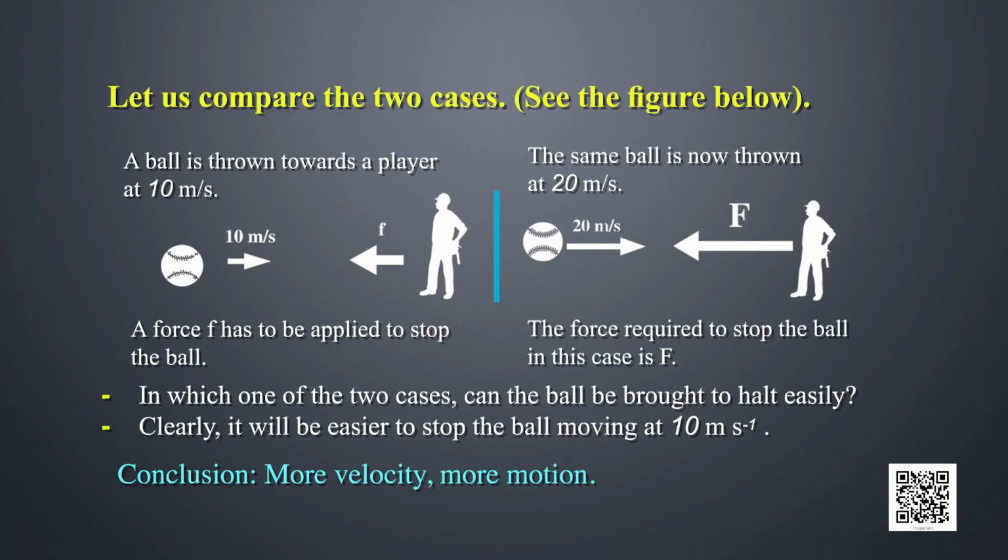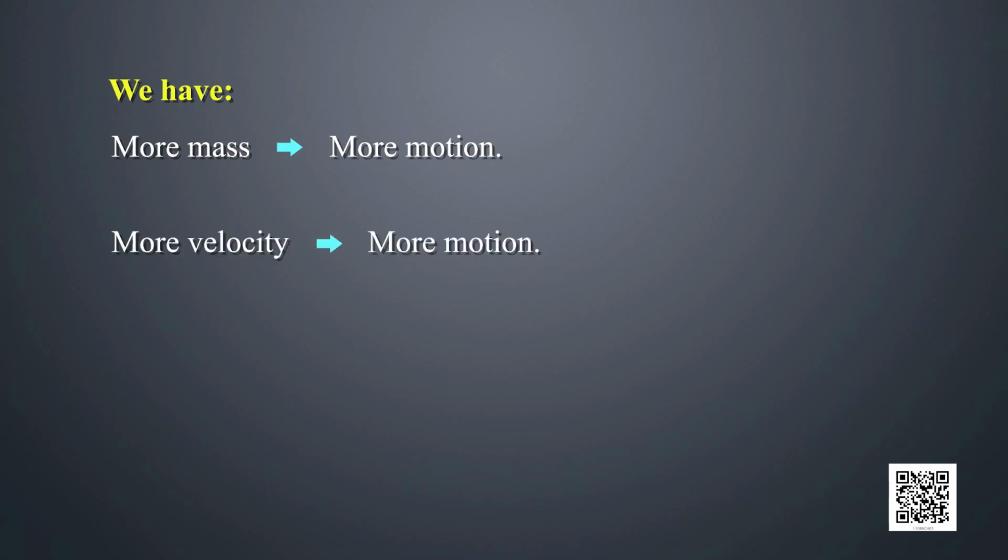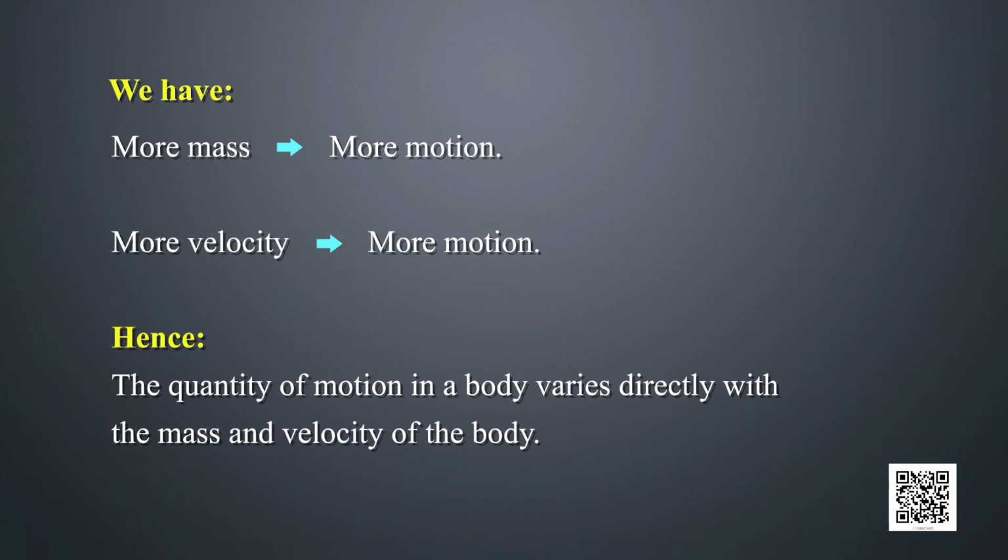Clearly, the ball can be stopped when it is moving at 10 meter per second; smaller the speed, easier will it be to stop the ball. It leads us to the conclusion that a body with more velocity possesses or contains more motion. We have more mass, more motion; more velocity, more motion. Hence, the quantity of motion contained in a body depends directly on the mass as well as velocity of the body.